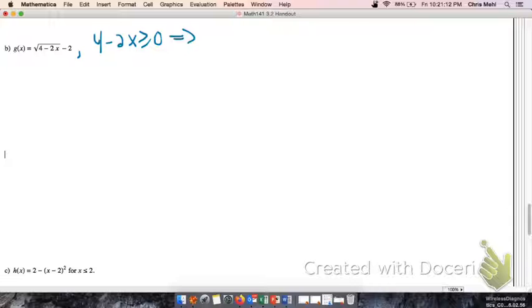And if you add 2x and divide by 4, you will get that x has to be less than or equal to 2 for this to work. Otherwise 4 minus 2x would be negative. So just keep in mind the domain of the original function would be negative infinity to 2.